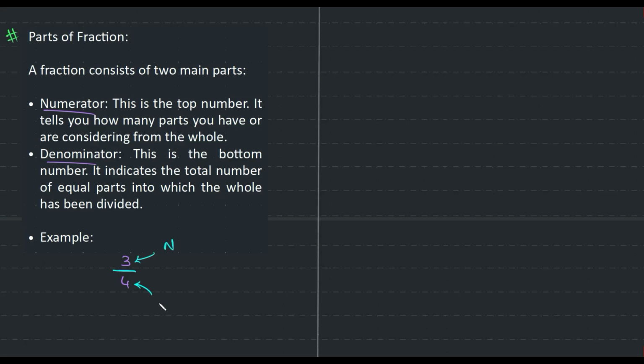The number on the top is known as the numerator, and the number on the bottom is known as the denominator. The numerator tells how many parts you have or are considering from the whole, while the denominator indicates the total number of equal parts into which the whole has been divided.